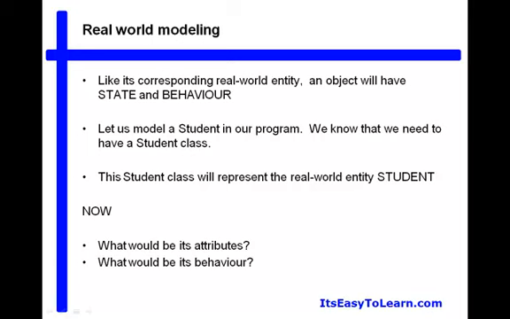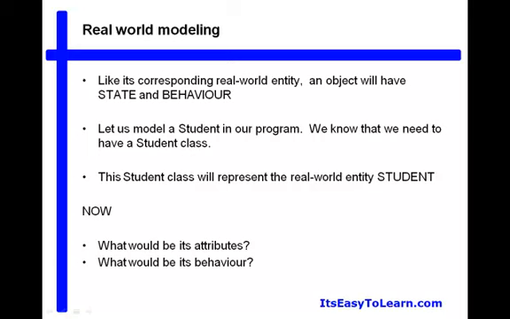So what we do is we model those entities in our programs and control them within our program. By doing real world modeling, a real world entity is mapped to an object, and an object in the programming language, like its corresponding real world entity, will have state and behavior.